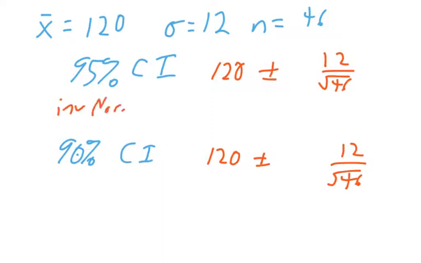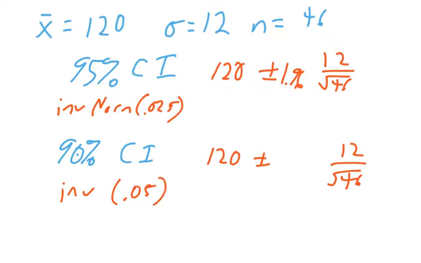So the inverse norm of 0.025 turns out to be 1.96. The inverse norm of 5% gives me 1.644.